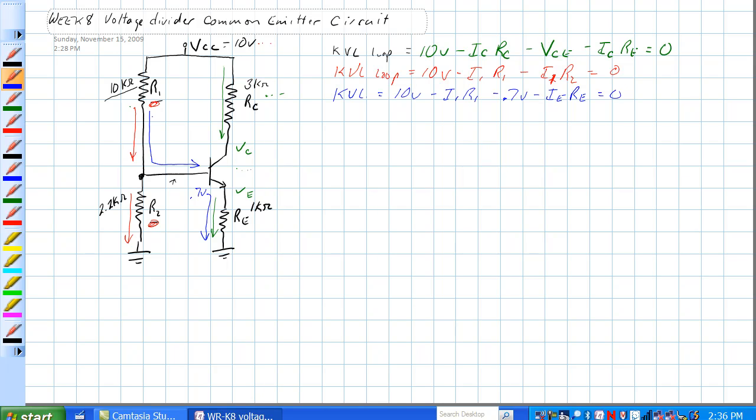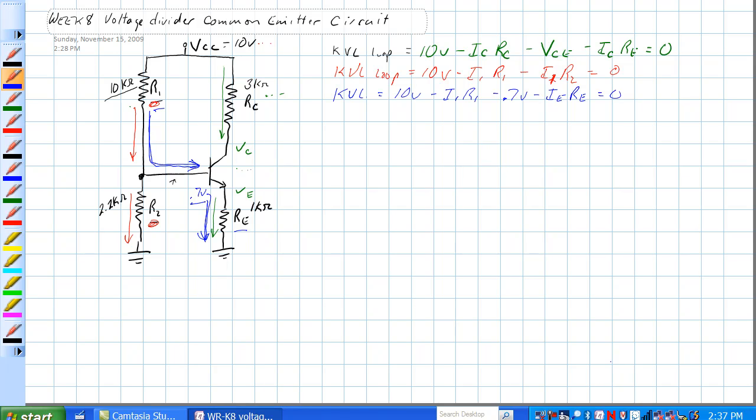So we have a current flow through the base this way and through the emitter resistor. So we have a voltage drop here, one here, and one here for that one. So we actually have a couple of different places the current flows in this circuit.